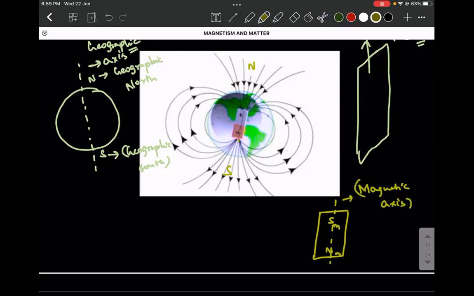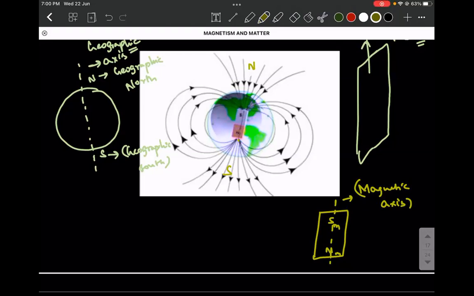We discussed two axes: one is the geographic axis and the other is the magnetic axis. The geographic axis is an imaginary line that passes through the geographic north pole and the geographic south pole, whereas the magnetic axis passes through the magnetic north and the magnetic south. Do these two axes coincide? No, they don't. They keep varying from place to place.